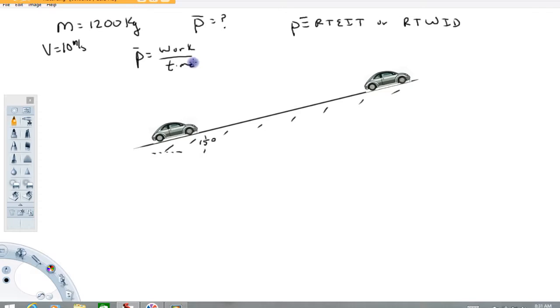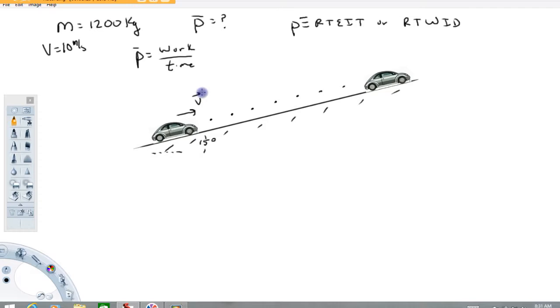divided by total time. Now, as this car moves up the hill, it's moving at constant velocity, so a motion diagram might look something like this. The velocity vector points this way, and there is no acceleration for this car. So if the car's not accelerating, then the power output of the motor should be constant.